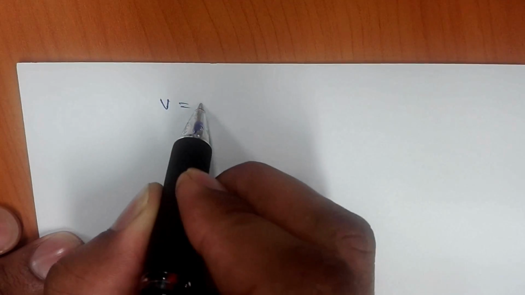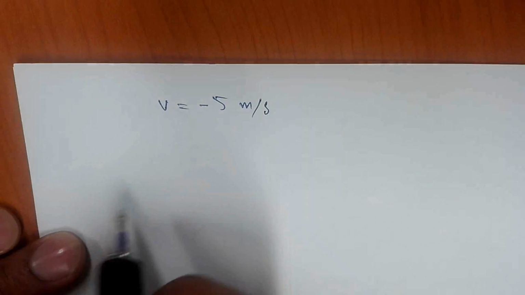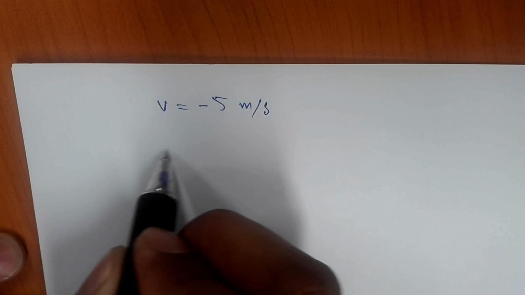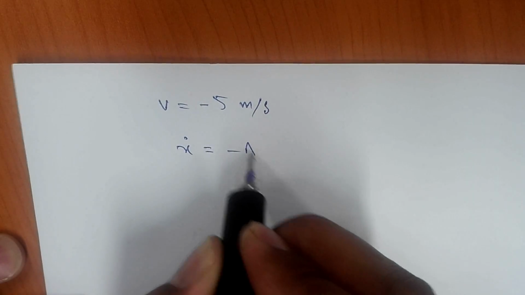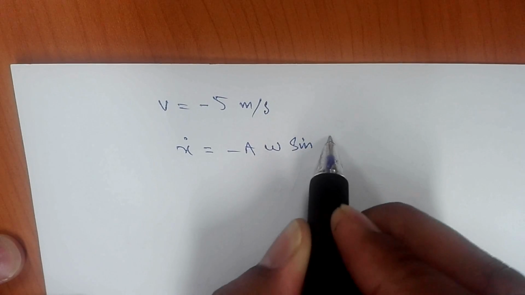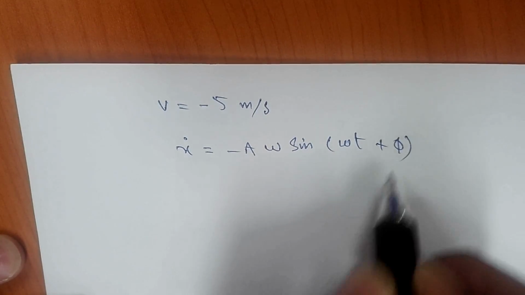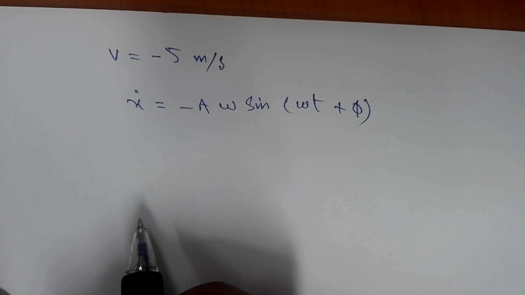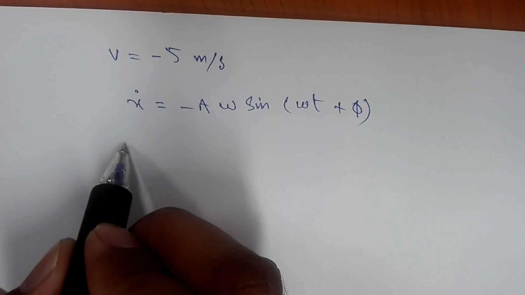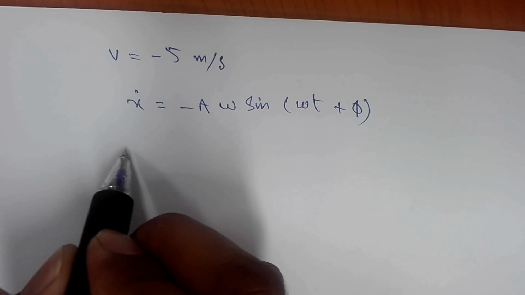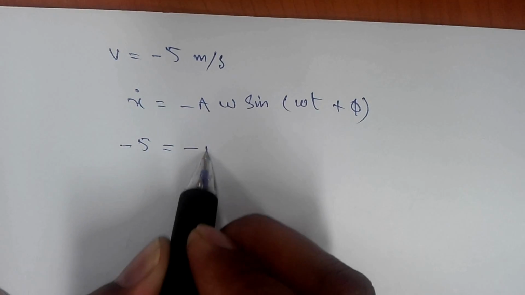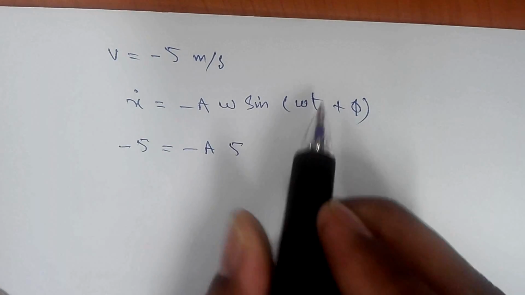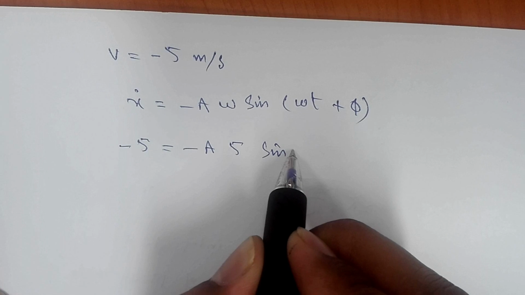So now the next condition is that v is equal to minus 5 meter per second, and the equation for velocity is v is equal to minus A omega sine of omega t plus phi. By putting the value of velocity and angular frequency, we can obtain the value of A. Minus 5 is equal to minus A times 5, at t equal to 0, times sine phi.